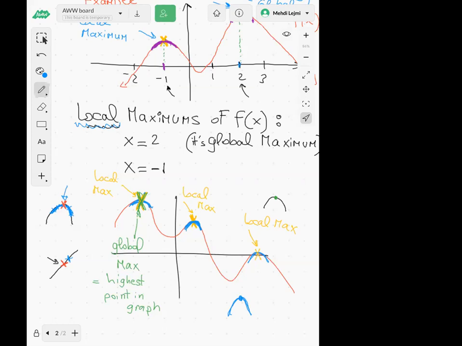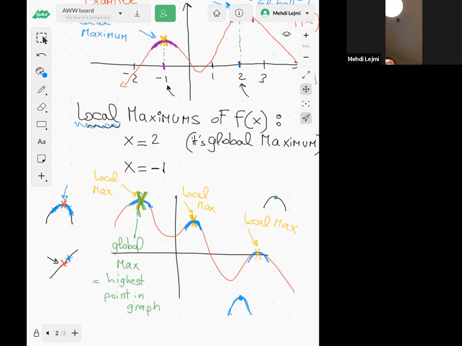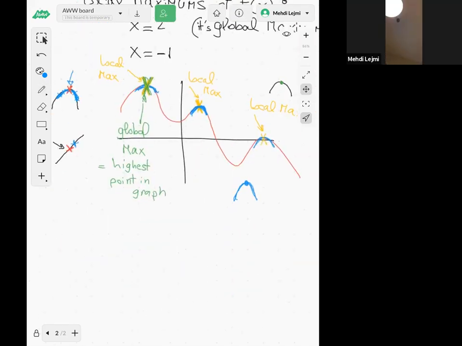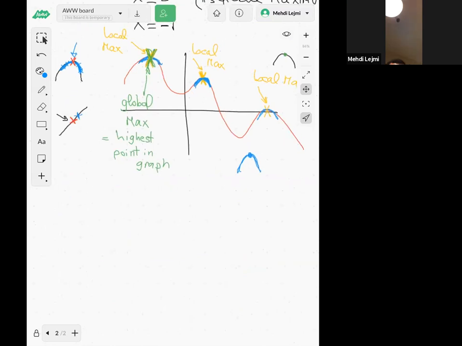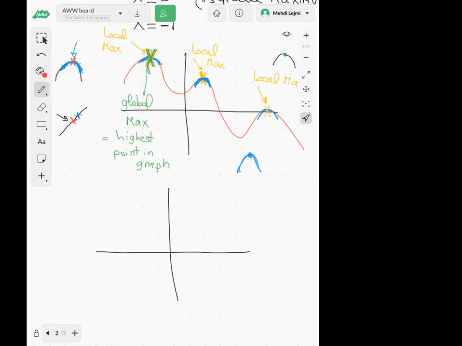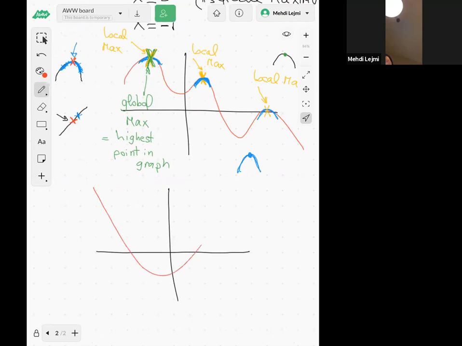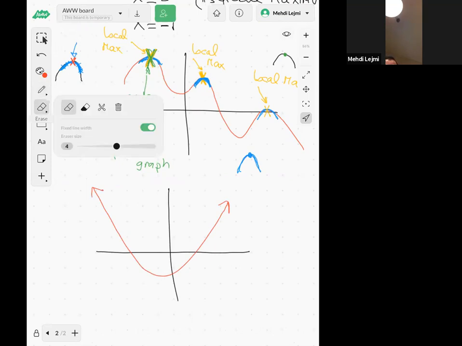What if the graph keeps going upwards, like it has an arrow saying it's going to keep going? That's a very good question, and that will be my next example. That's a very good point. So what you are saying is, if you have something like this, or in this case here, the graph doesn't stop.